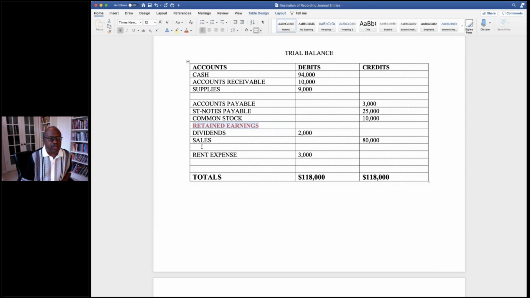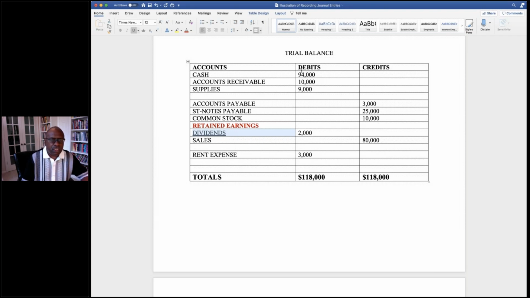When we get ready to prepare the income statement, we're going to go down to dividends, and we're going to put a bold line on the dividends. The income statement will simply consist of items below dividends.